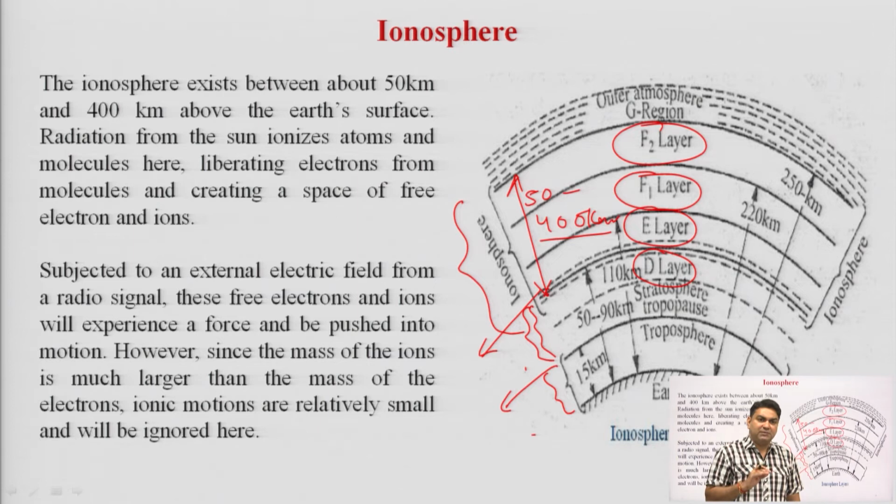The ionization process in the ionospheric layer is appreciable, and the existence and stability of these ions is appreciable only in this particular region of the atmosphere.